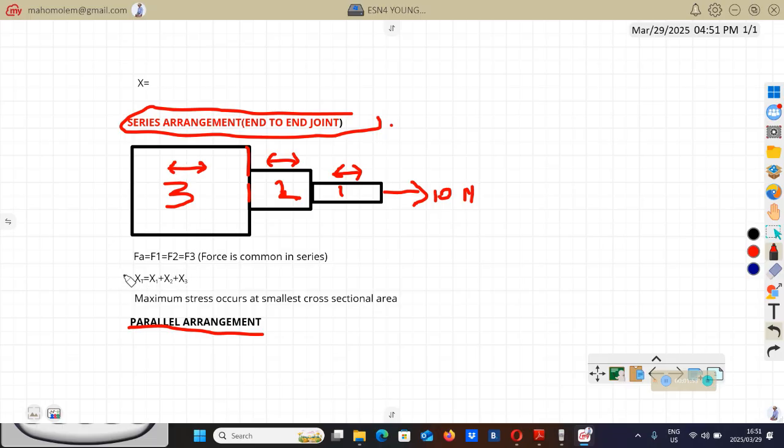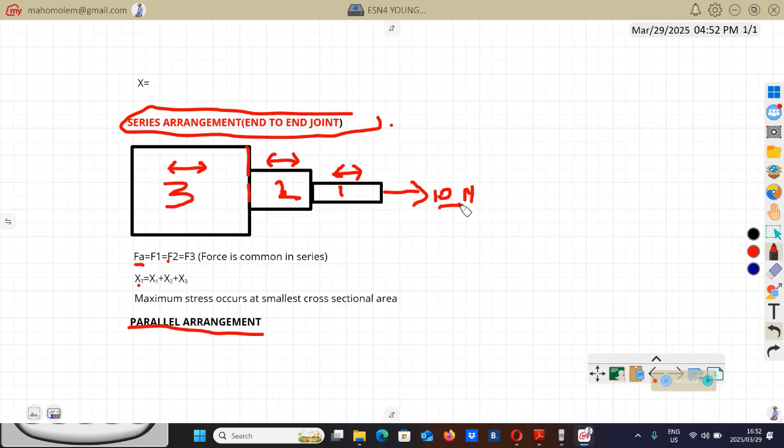So that's why we're going to say that this force, you can say it's the total force or the applied force, will be equal to the force in this section number one. And then the very same force that will apply here will be the very same force that will be experienced here on section number two.